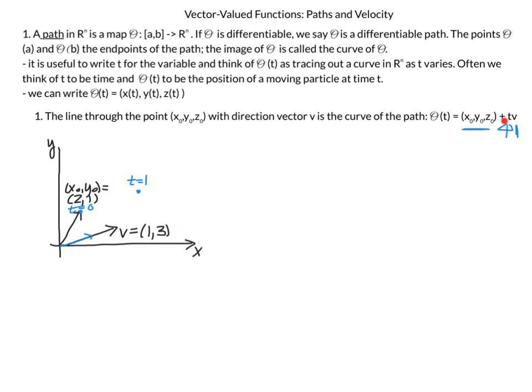Now if I let t equals 1/2, for example, I would take half the length of the vector, add it to the tip of my vector (2, 1), and I would get this point here for t equals 1/2. Now if I let t equals 2, I'm going to have twice the length of the vector. So when I move it up, I get this point out here at t equals 2.